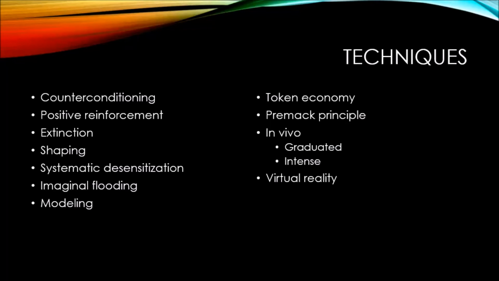So instead of a reinforcement being provided only if the desired behavior is fully met, if the desired behavior is partially exhibited, then a reinforcement is provided. And over time, through shaping, it's hoped that an individual moves from the maladaptive behavior and arrives at the desired behavior.